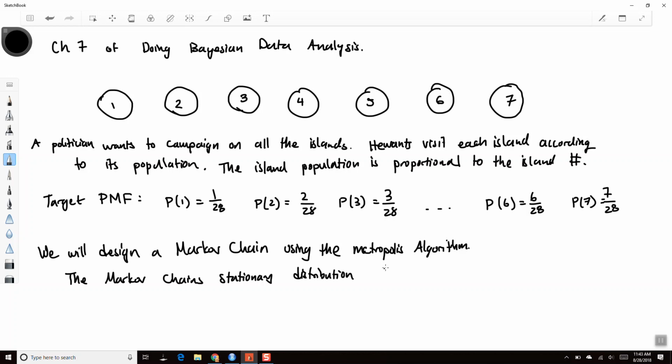The Markov chain stationary distribution will equal the target distribution.